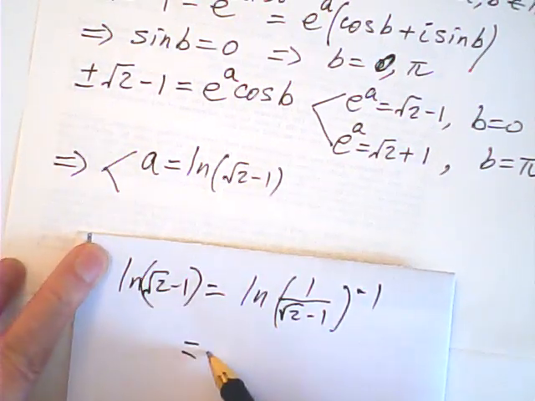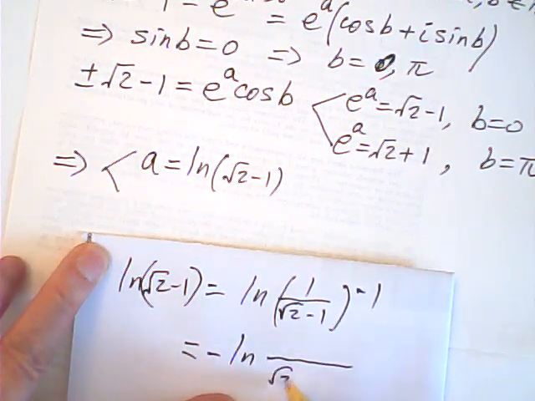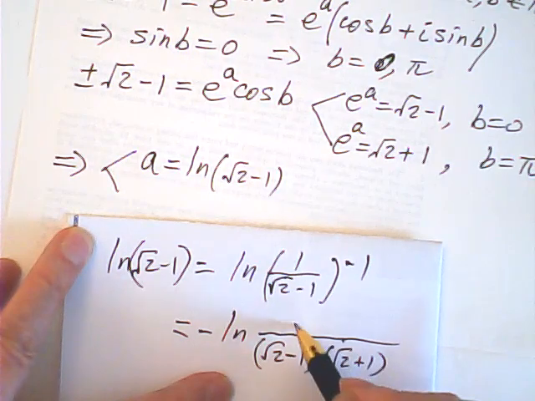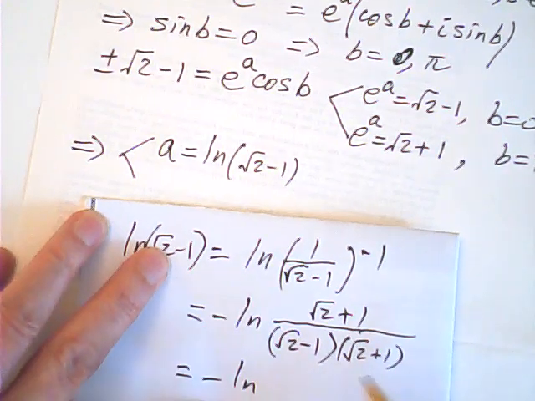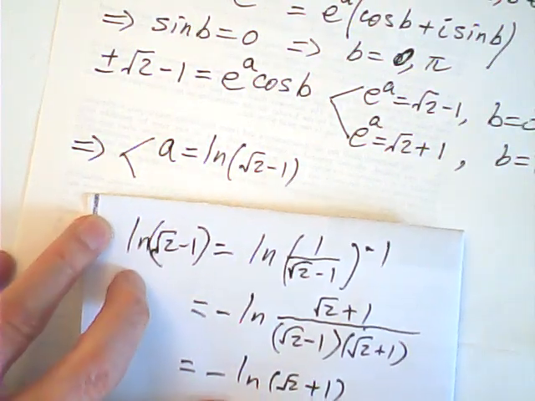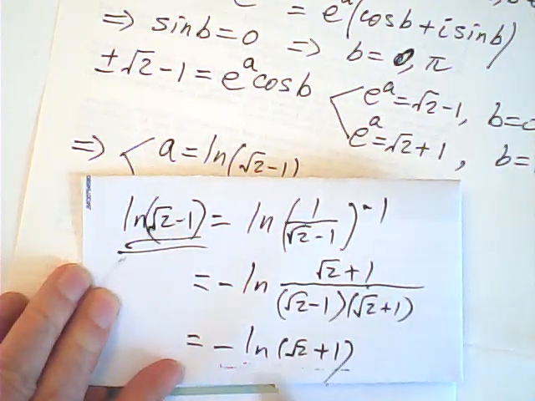So this one is equal to negative natural log of root 2 minus 1 times root 2 plus 1 over root 2 plus 1. So I end up with root 2 plus 1. What I want to say is that this one is equal to this, not negative that.